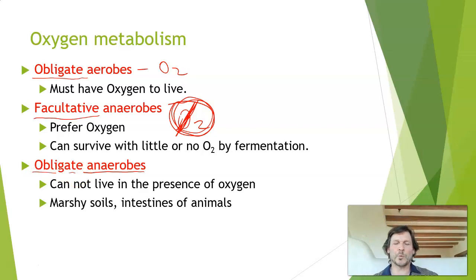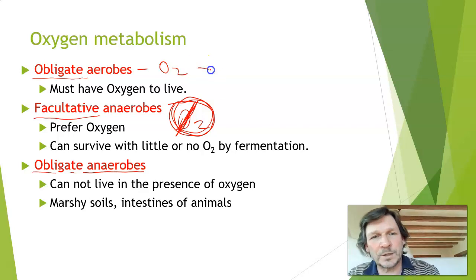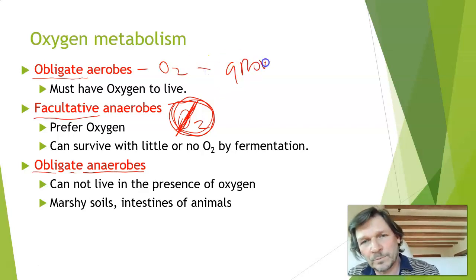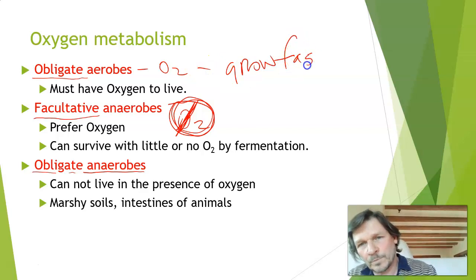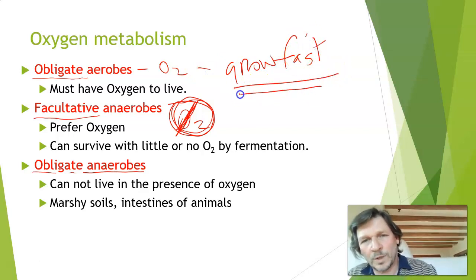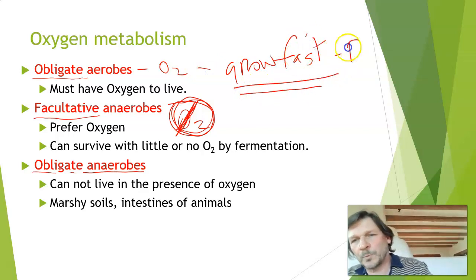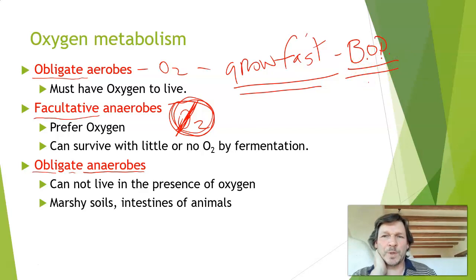And you might wonder, where on earth can you have areas without oxygen? Well, it turns out there's lots of areas because the obligate anaerobes in many cases grow very fast. And one of the things when we get to talk about wastewater treatment, we're going to be talking about BOD, biological oxygen demand.